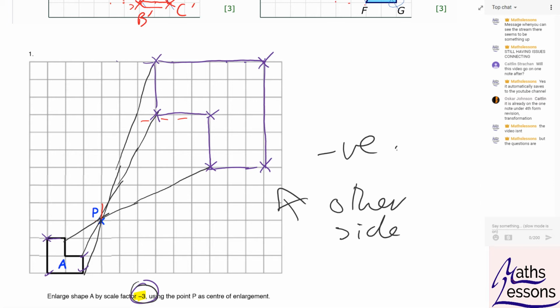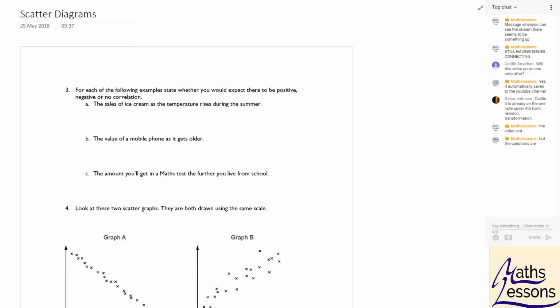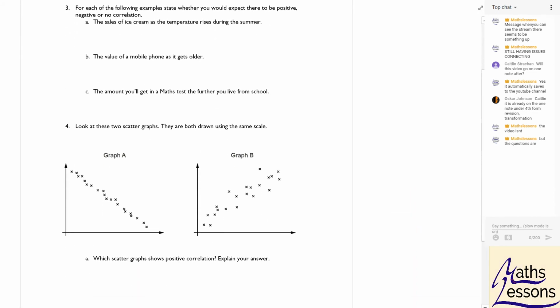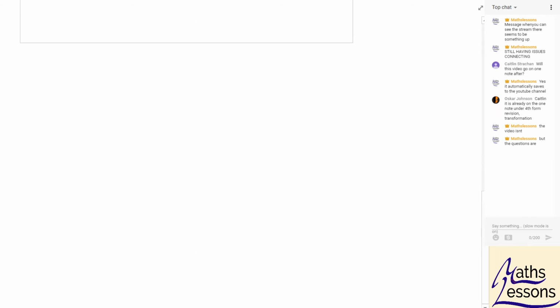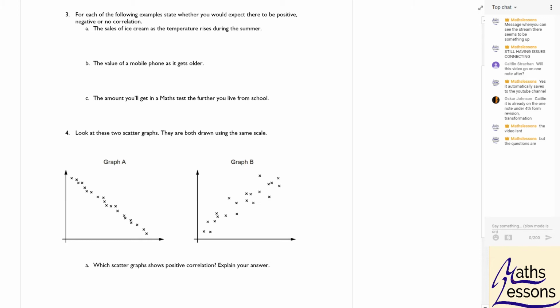Let's have a look at a little bit of stats, okay, for today. We did this quite recently. Let's just jump into this question here on scatter diagrams.